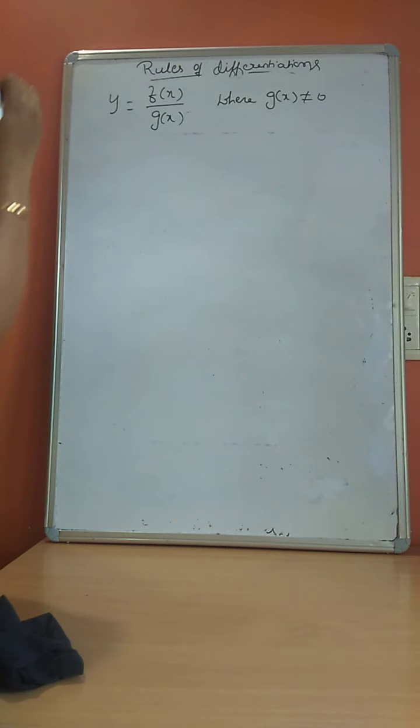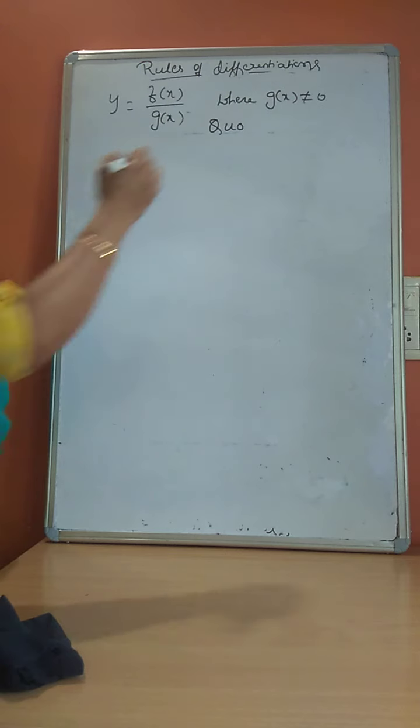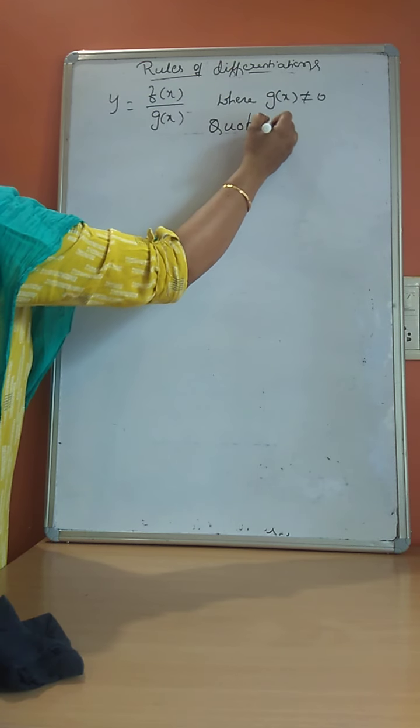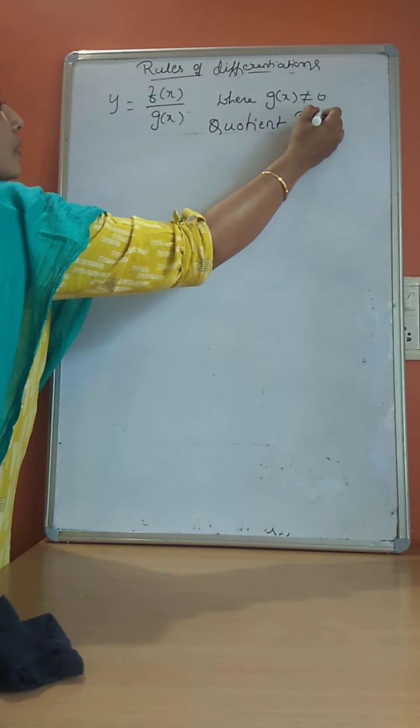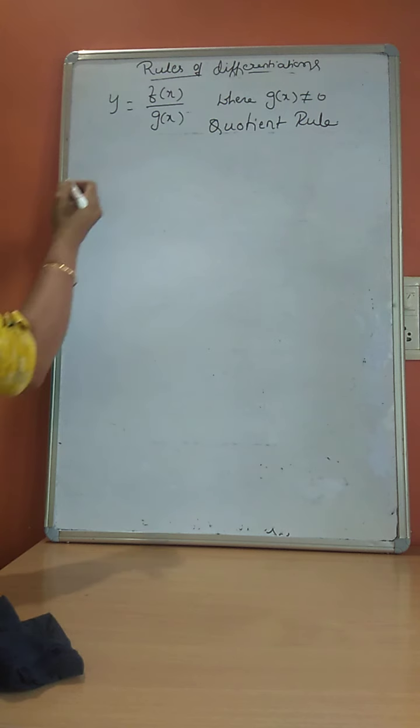This is known as the quotient rule. In the previous case, it was the product rule. This is the quotient rule. So, how to differentiate this one?